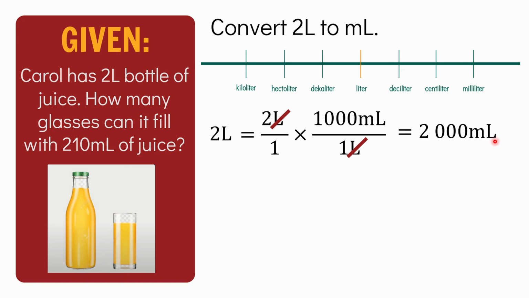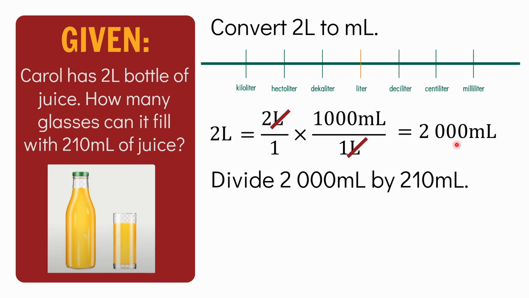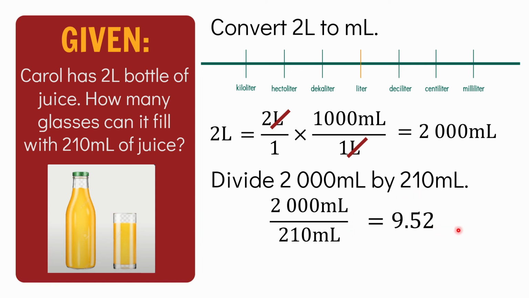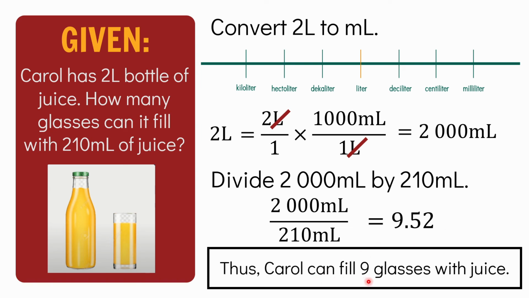And now we are going to divide 2000 milliliters by 200 milliliters because we want to know how many glasses we can make from a 2 liter of juice. So 2000 milliliter divided by 200 milliliter gives us 9.52. Thus, Carol can fill 9 glasses of 200 milliliter of juice from a 2-liter bottle of juice.